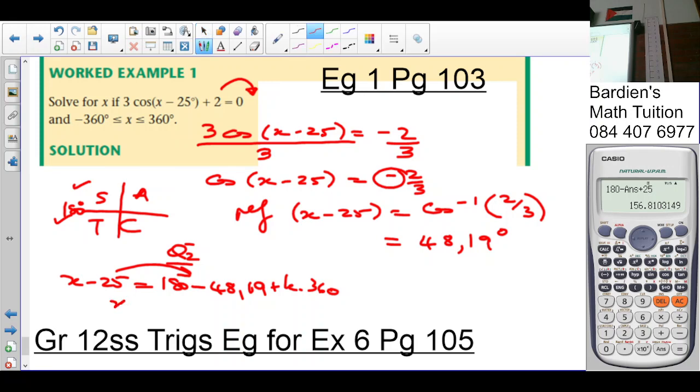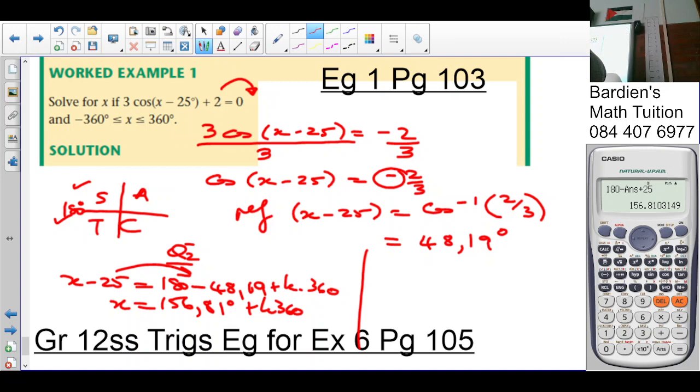So x is equal to 156,81 plus k times 360. Okay? Yes? Sorry? Plus minus k? No. It's just plus k. Okay?